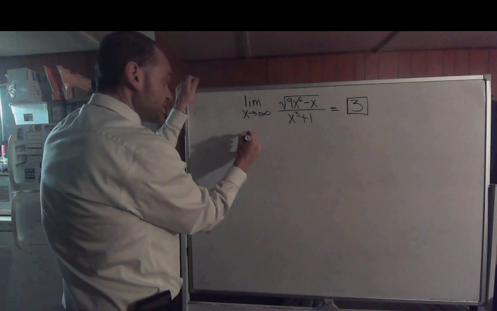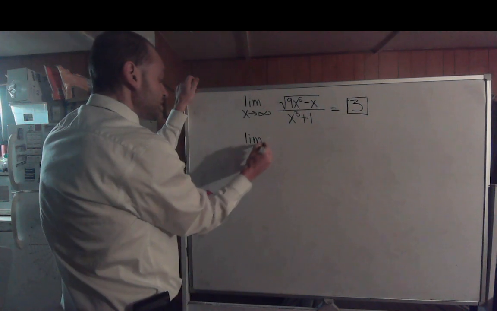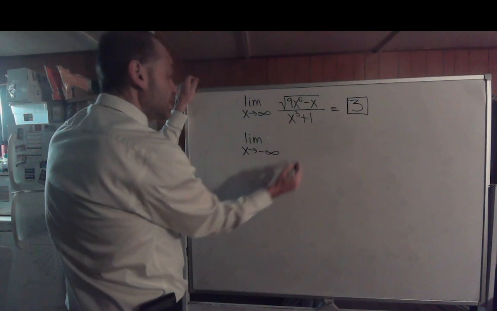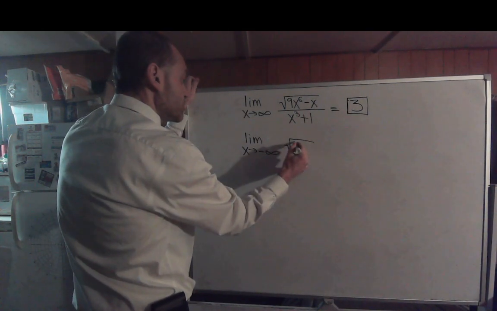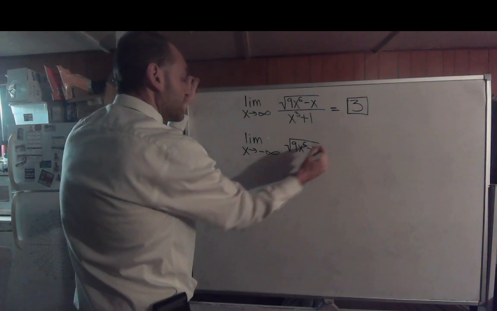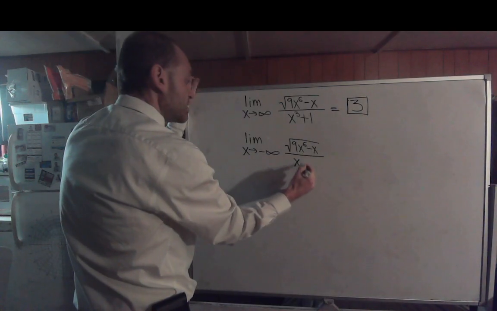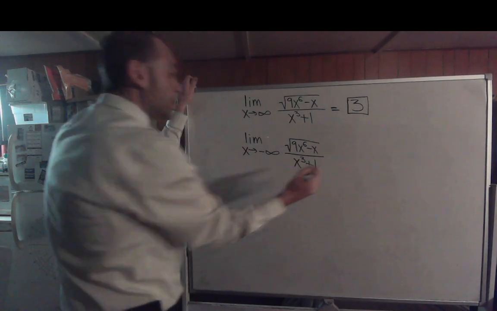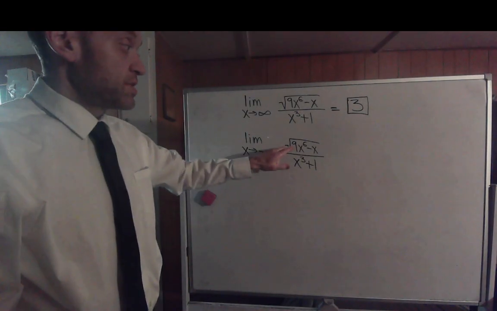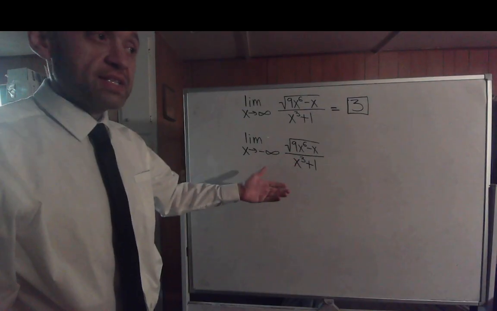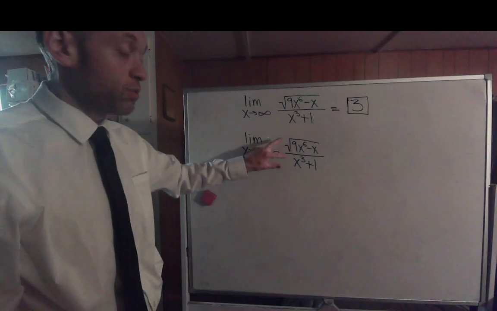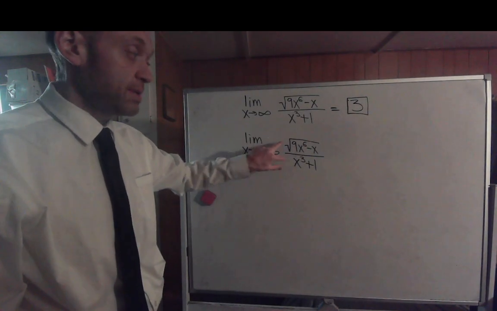Now let's take this same function, the limit as x approaches negative infinity of this exact same function, 9x to the 6th minus x all over x cubed plus 1. Well, we've already determined that in the numerator, the square root of 9x to the 6th is 3x to the 3rd, which would actually, again, give you equal degrees for the numerator and denominator.